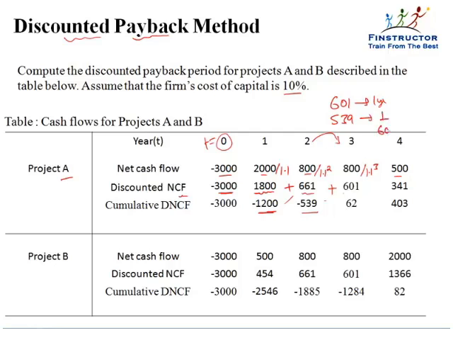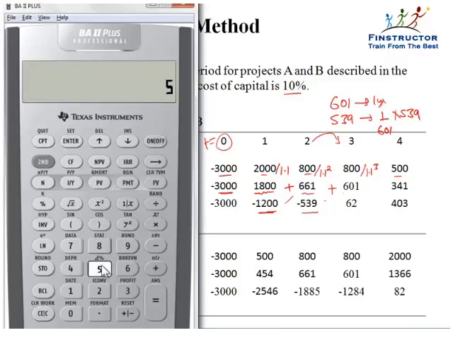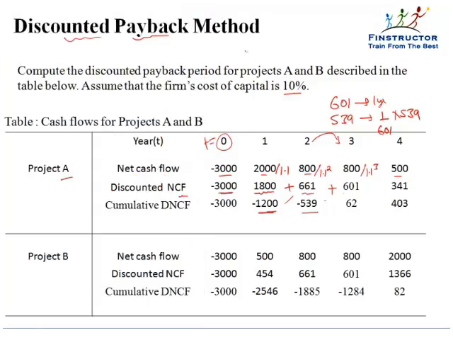It'll be 1 upon 601 into 539. So 539 divided by 601. It's about 0.9 years. So I can say that approximately 2.9 years is the discounted payback period for the project.